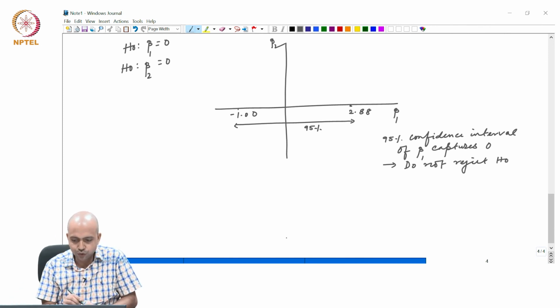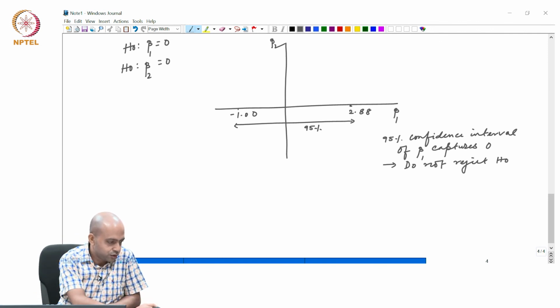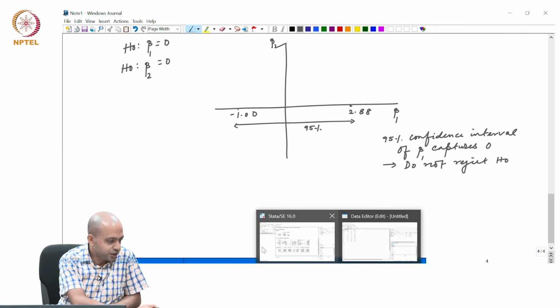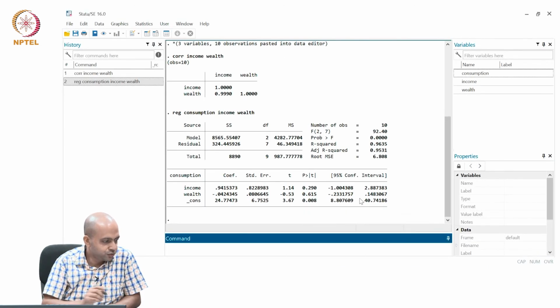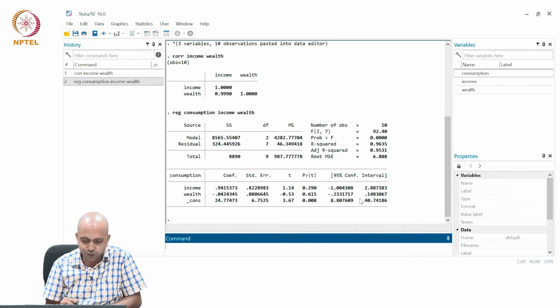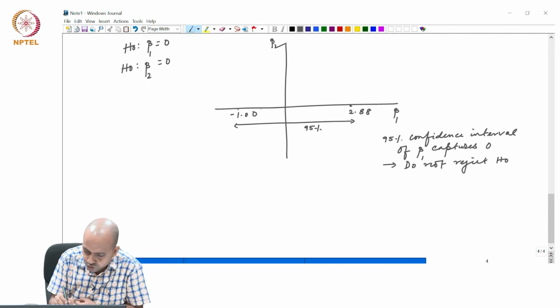Similarly, look at the 95% confidence interval for beta 2. What is happening here? Look at the wealth: this is minus 0.23 to 0.14.